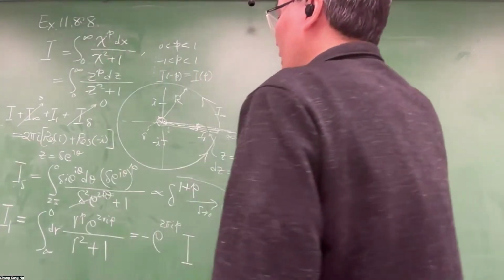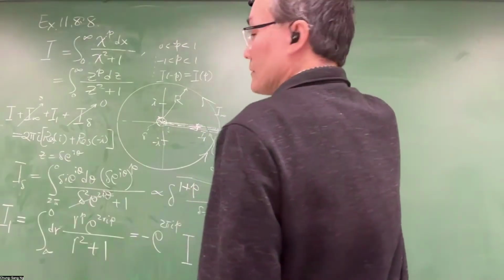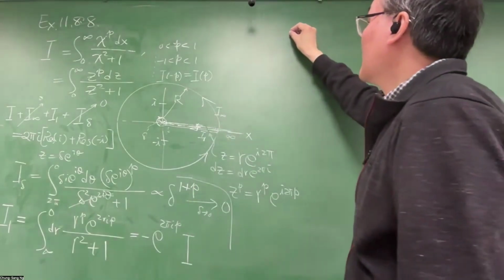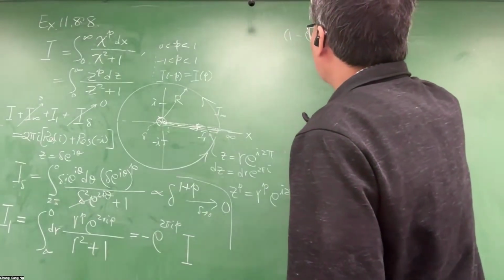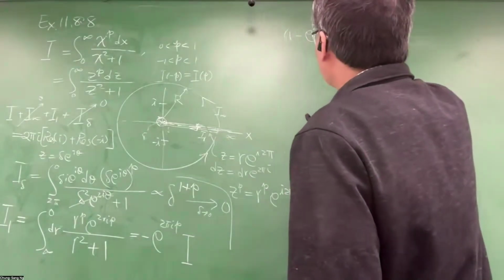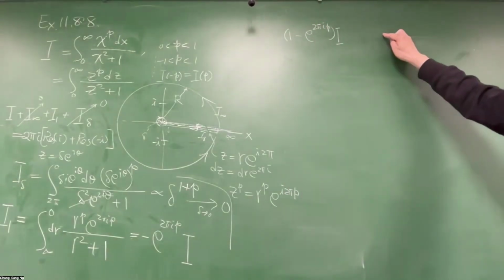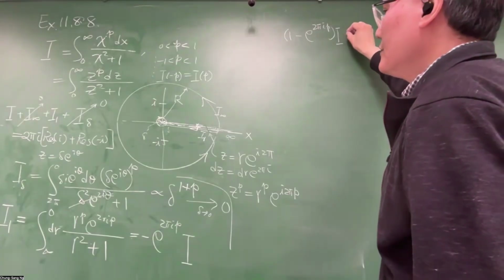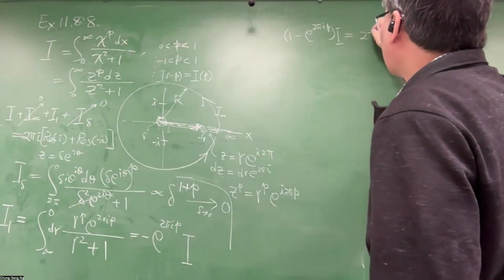And now we combine everything. 1 minus e to the 2 pi i p times I equals 2 pi i times the residues.